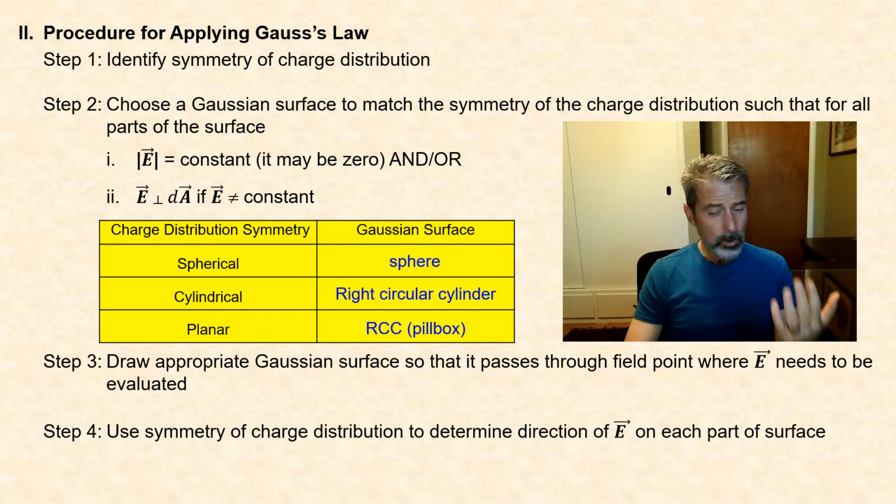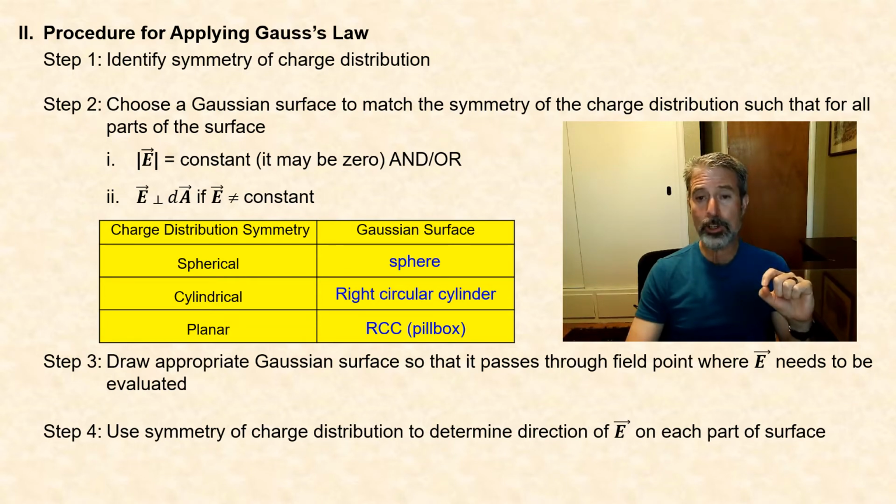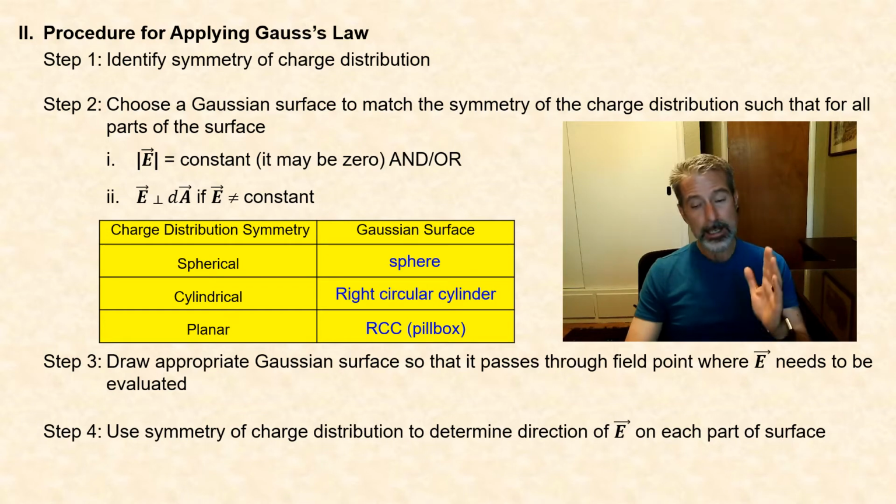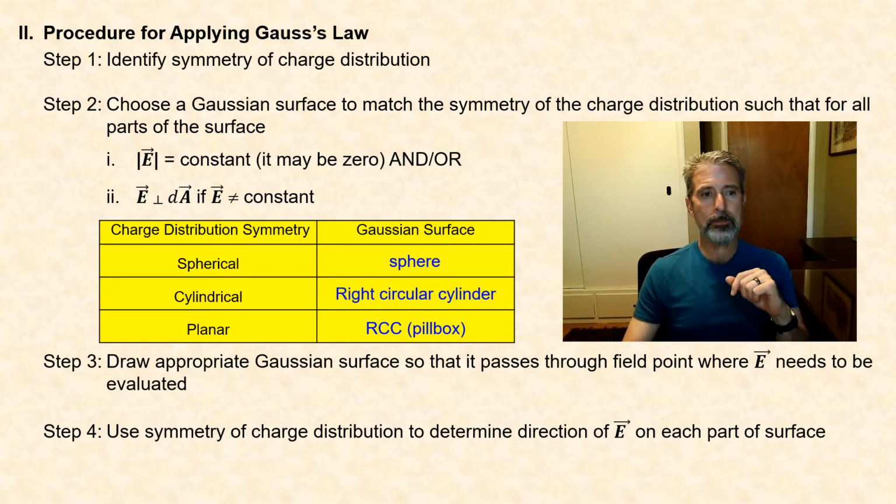Then you're going to use the symmetry of the charge distribution to determine the direction of the electric field on each part of the surface. We said Gauss's law is only useful when you can do this, when the direction of the electric field is obvious, because of the high degree of symmetry. If you could not predict the direction of the electric field, then Gauss's law, while true, is completely useless.